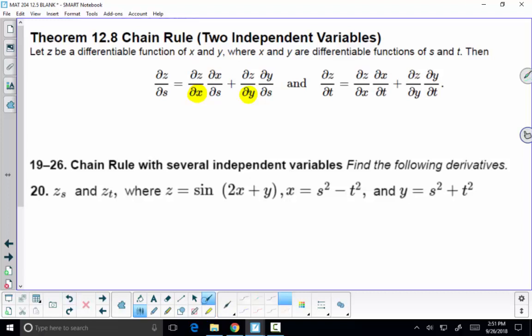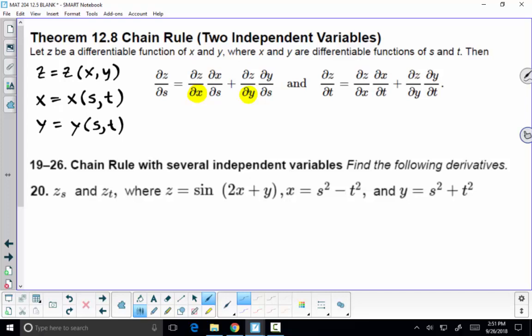So z is a function of x and y, and then x is a function of s and t, and y is a function of s and t. So now you cannot say dz/ds or dz/dt. You have to do partial z, partial s, or partial z, partial t, because z is not a function of one variable anymore.